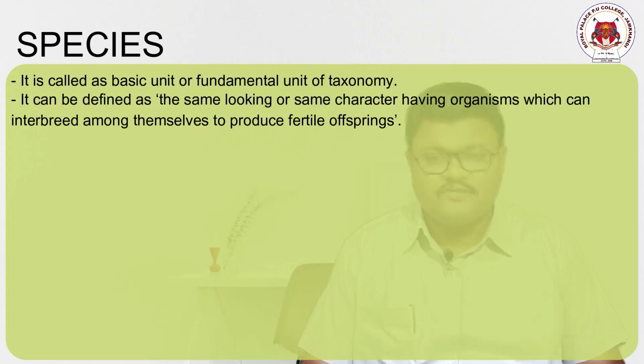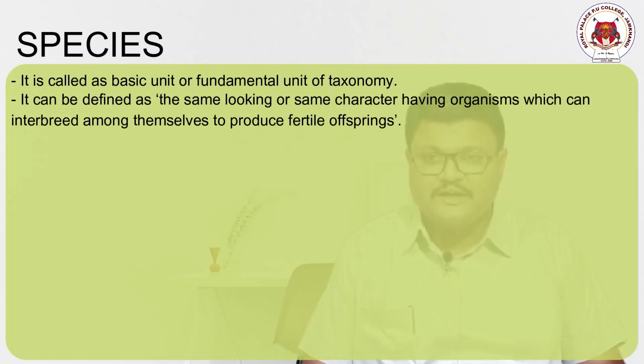So in a species, we find the lowest number of organisms and the highest number of common characteristics. As I move from species to kingdom, the number of common characteristics decreases and the population increases.